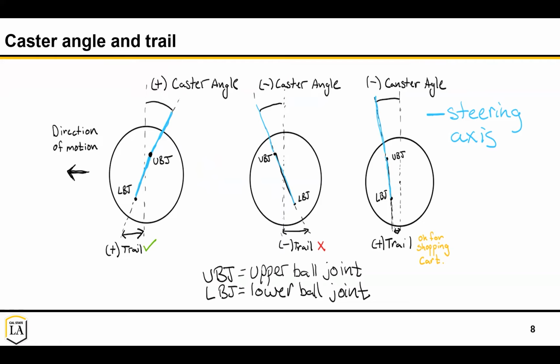Typically you'll want to have some positive caster, because imagine we're going in a turn. I'm picturing the inside wheel, so a right-hand turn, we'll say the front right wheel. As you turn to the right, that inside tire is going to dig down into the ground, whereas your outside tire is going to lift up. So it's a little bit different than the kingpin inclination, where it'll go down into the ground in both directions.